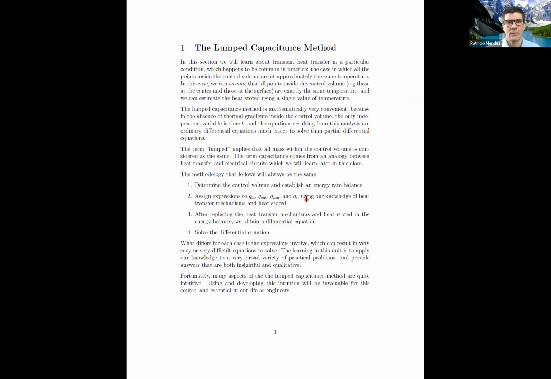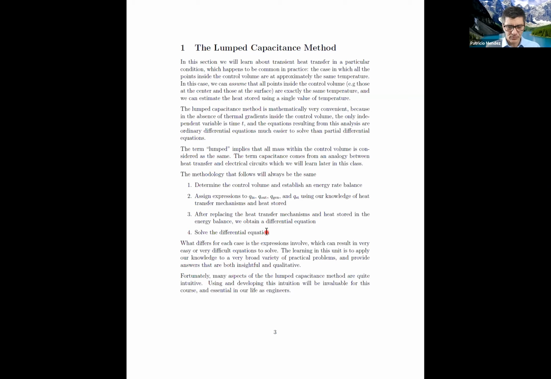There are many. I just put there the ones I use myself, but if you want to use any other methodology from the calculus classes you took, that's perfectly fine. Writing the equation is actually relatively simple. It writes by itself. Then we have to solve it. And for that, we have these mechanistic approaches.